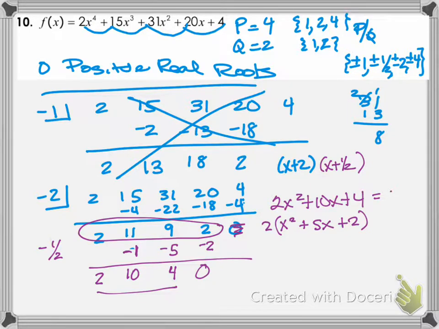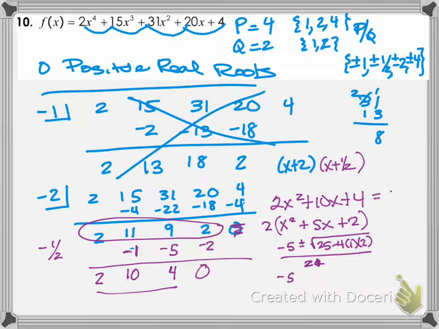So opposite of b, negative 5, plus or minus the square root of b squared, 25, minus 4 times a, which is 1, times c, which is 2, all over 2a. 2a would be 2 times 1, so 2.